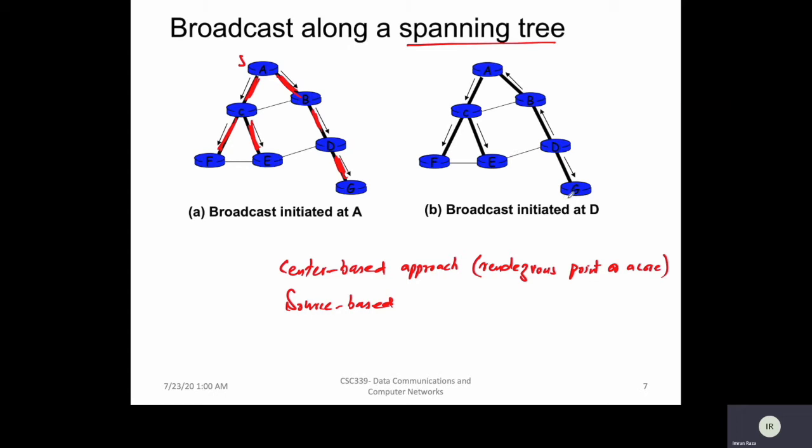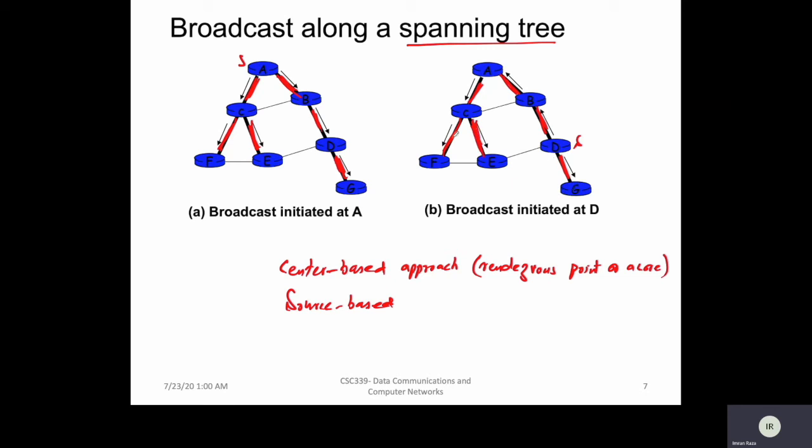And now this is the tree that we have constructed considering machine D as source, right? So now this tree will be followed for sending all the broadcast packets in this network, right?